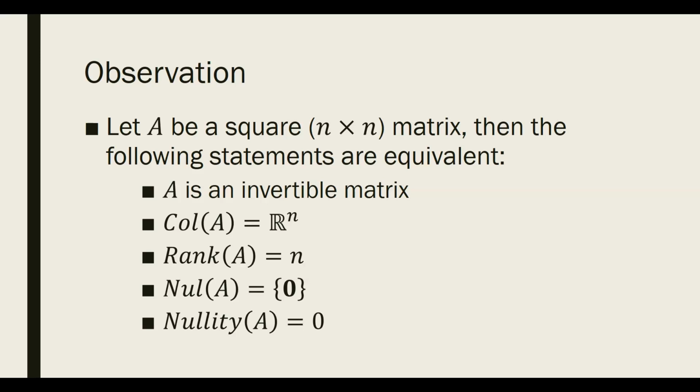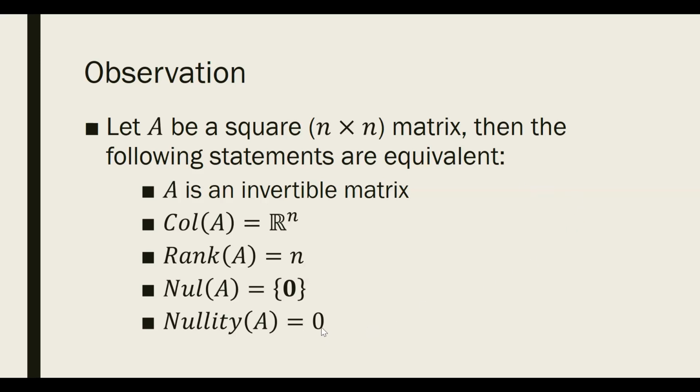So if A is invertible, then the column space is going to be all of Rn, which means that the rank of A is n. Now, as far as the null space goes, if we row reduce to the identity matrix, then you're going to have 0 free variables.